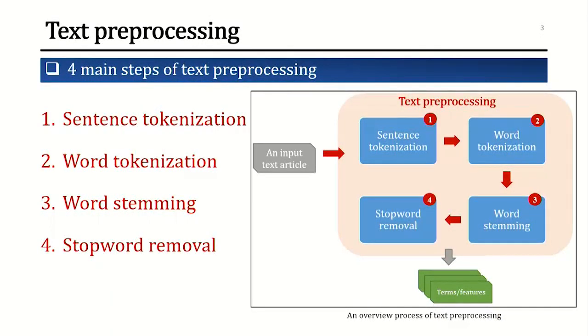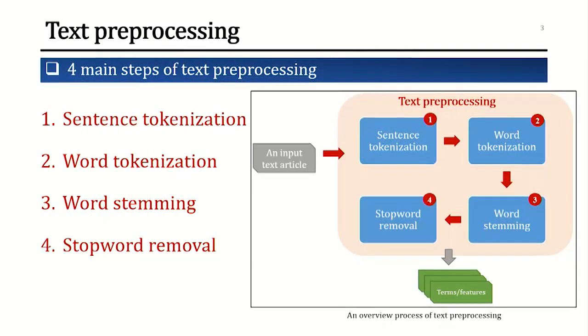So here is the text processing that we have seen in the previous lectures. We have 4 main processes. The first one is called sentence tokenization, where we get the input text and separate it into sentences. Next is word tokenization, where the input of this process is each sentence, and we obtain the word tokens, which represent each word of the sentence.